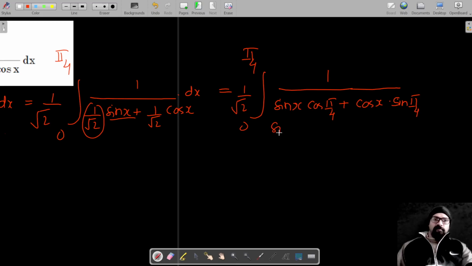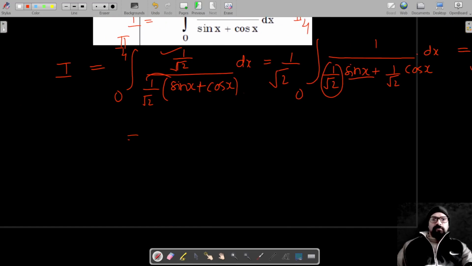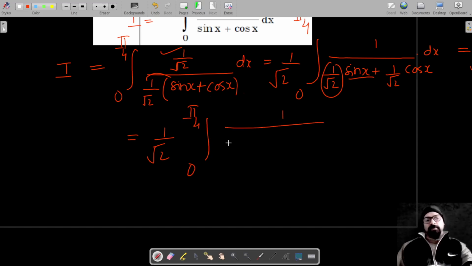Now this is of the form sine a cos b plus cos a sine b. So which should be equal to 1 by root 2, 0 to pi by 4, 1 upon sine of a plus b.